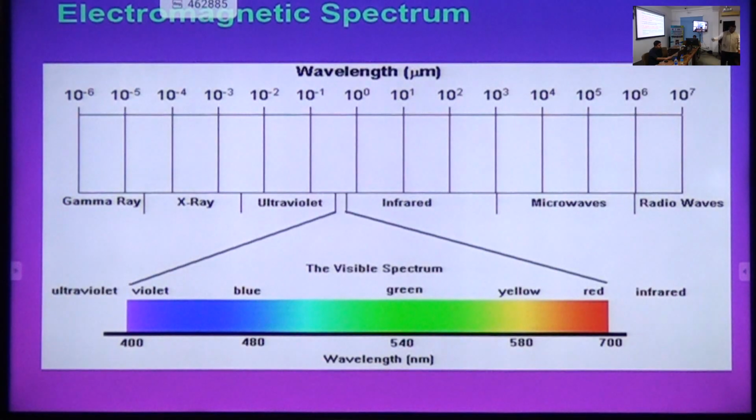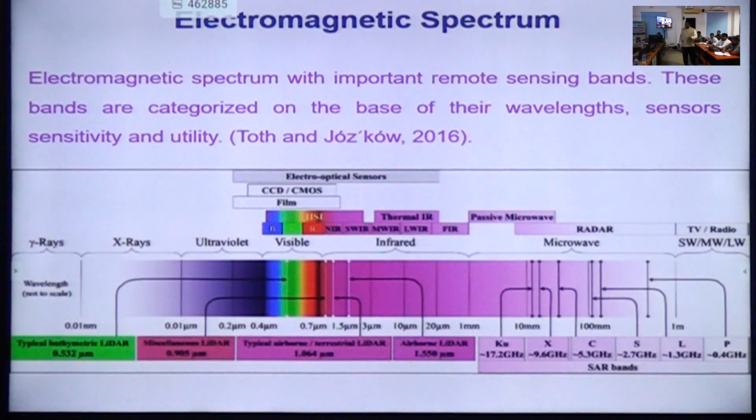Yes, now as I already told, the energy as electromagnetic radiation is passing through the atmosphere. When it is passing through the atmosphere, there will be some changes and finally it is going to hit the land. So what are the interactions? When electromagnetic energy is incident on any feature of the Earth's surface, three fundamental interactions will happen.